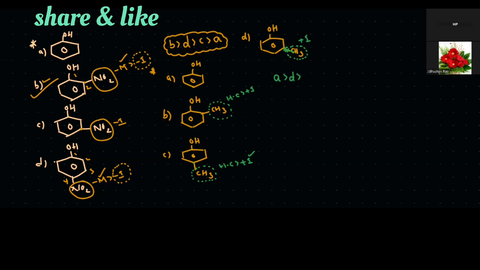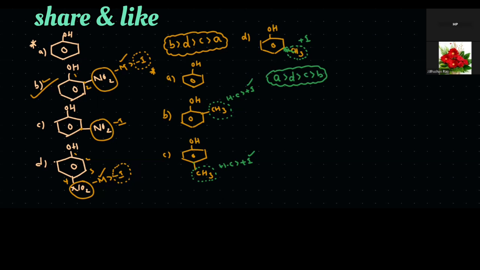Based on distance, if the distance is very high in C, it releases electrons less effectively. So C is more acidic than B. This is the order. This kind of problem is also very, very important.